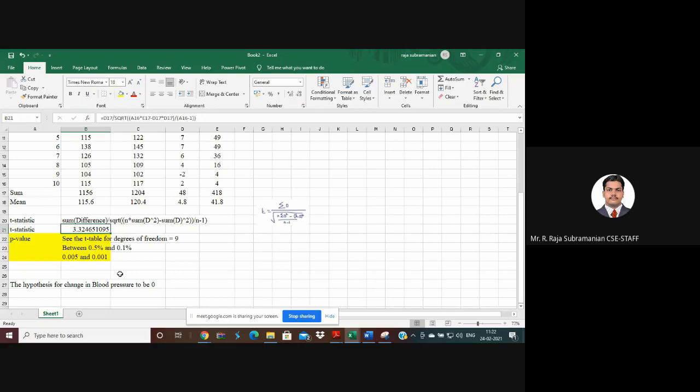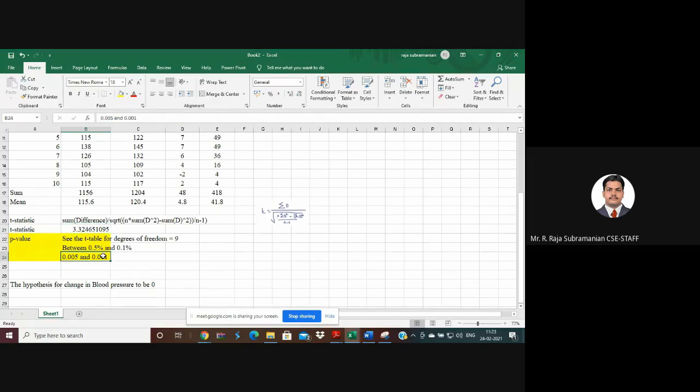Now, this t-value 3.325 states that we are having some hypothesis where the blood pressure difference can lie between 3.32 also, and the probability for that 3.32 change to exist is 0.005 to 0.001. Between this, some probability is going to be lying, right? So this is the thing.